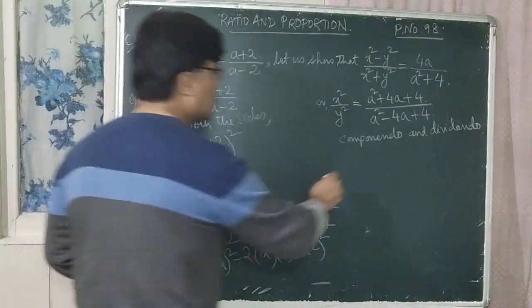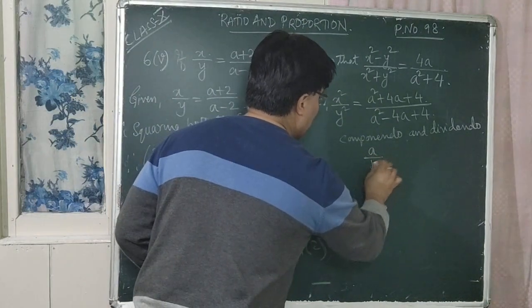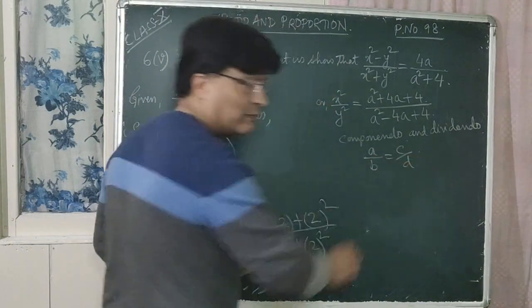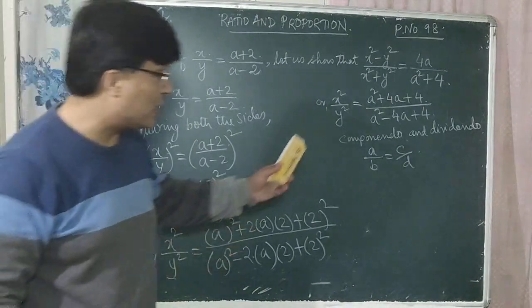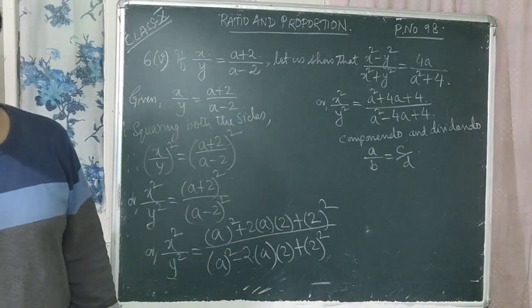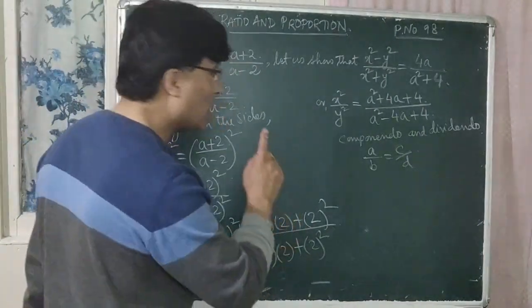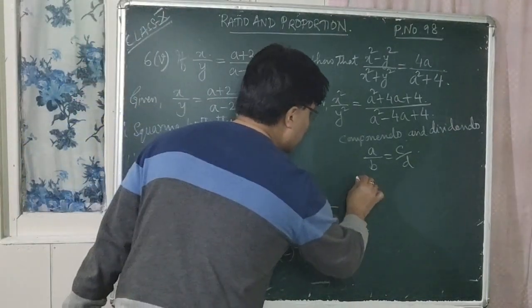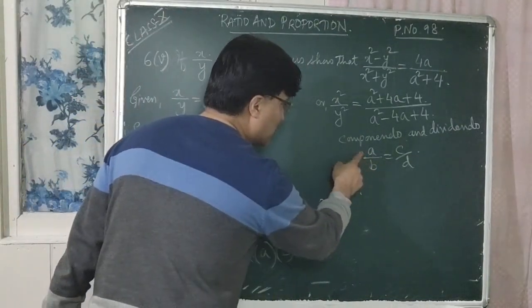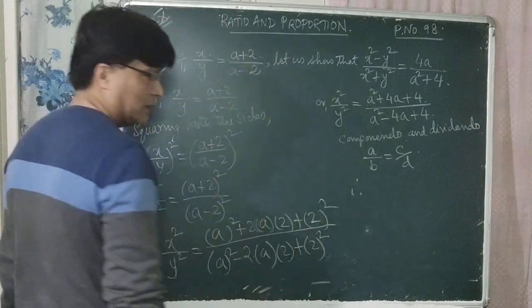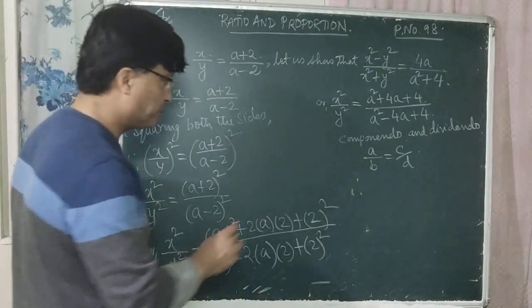Suppose you have the relation a by b is equal to c by d. Suppose we have the relation a upon b is equal to c upon d. So by componendo and dividendo, what can you write? That is, on the left hand side, numerator is a, denominator is b.